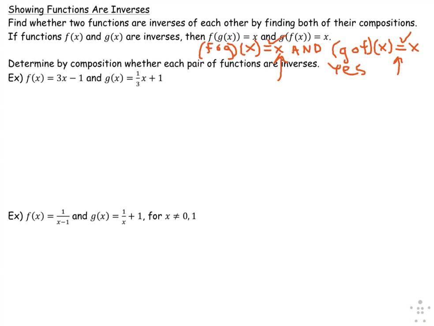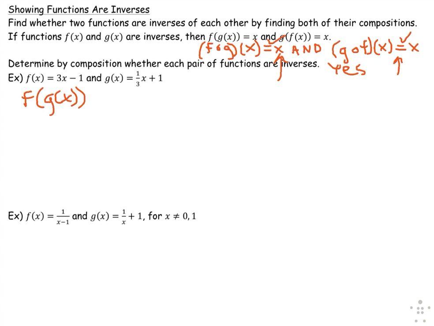Notice the directions: determine by composition whether each pair of functions are inverses. So we will take a look at f composed with g of x. It doesn't matter which composition you do first. If at any time either of the compositions does not equal x, then you could stop and say that the two functions are not inverses.